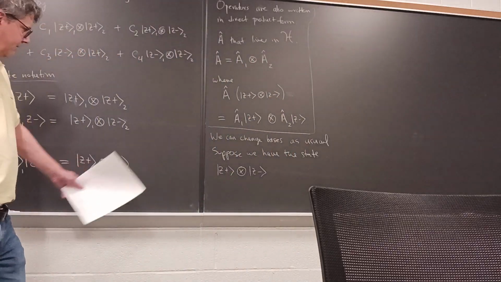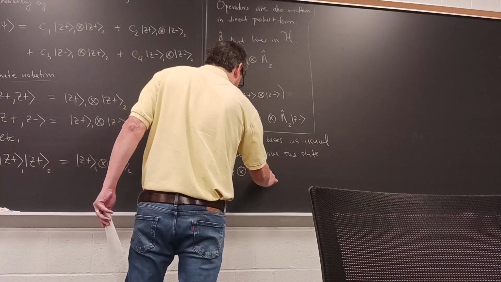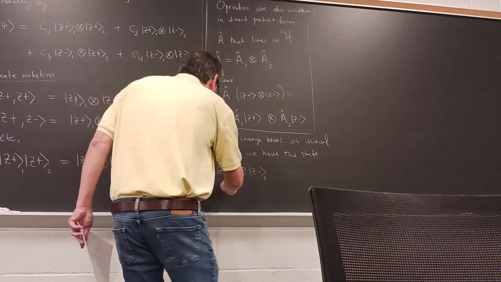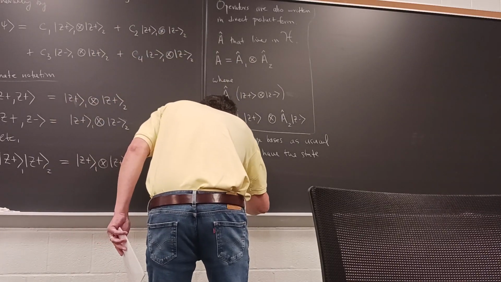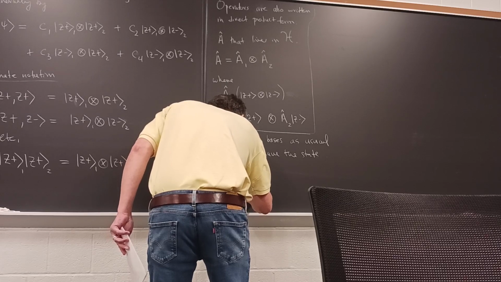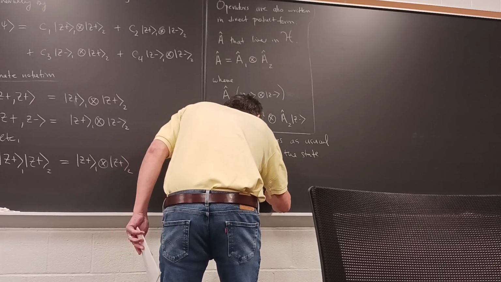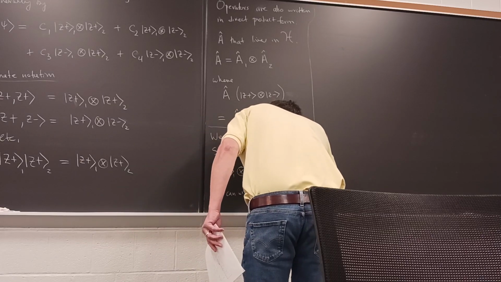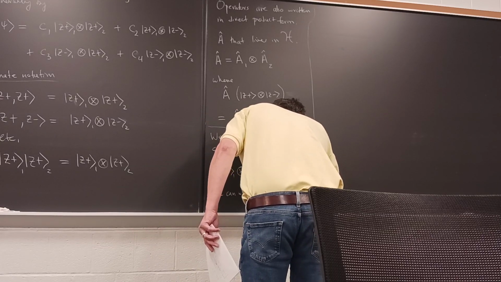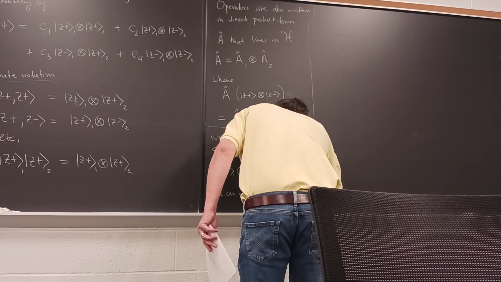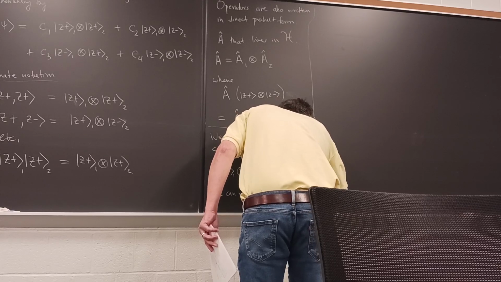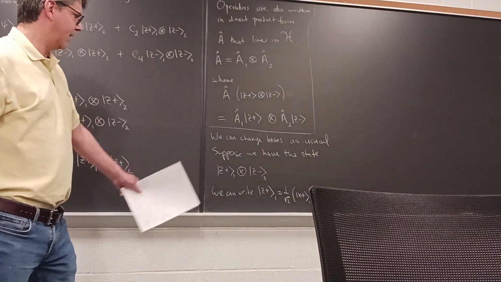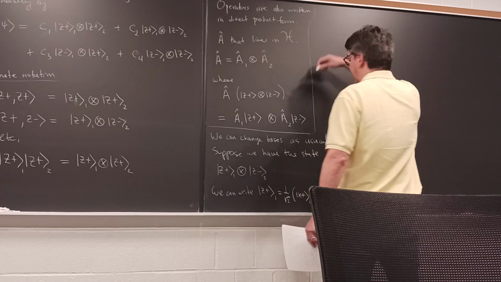Okay, so this is in Hilbert space 1 and this is in Hilbert space 2. Then we can write Z plus 1 using what we know. We can write it in the X basis like that, and just stick it in our direct product.